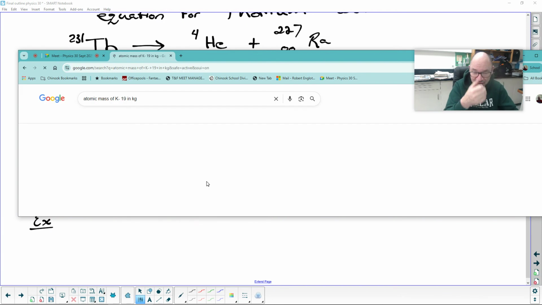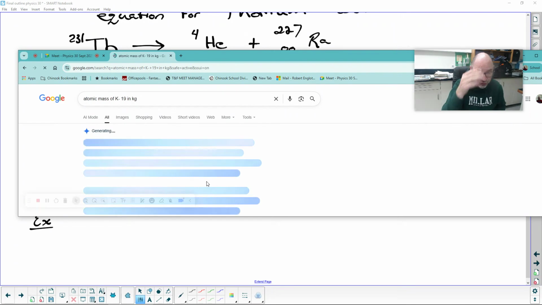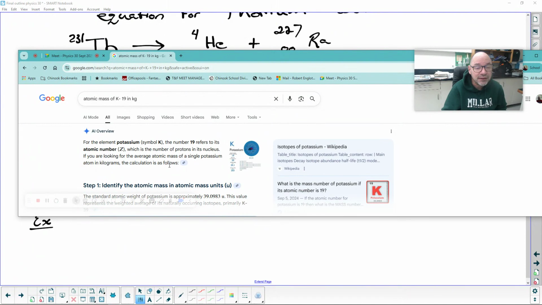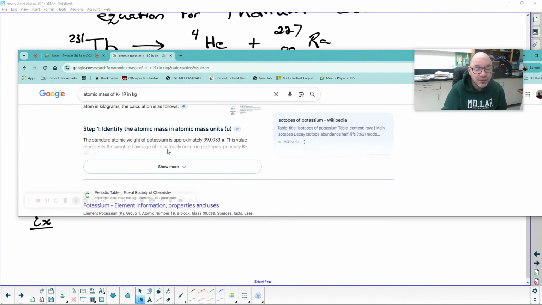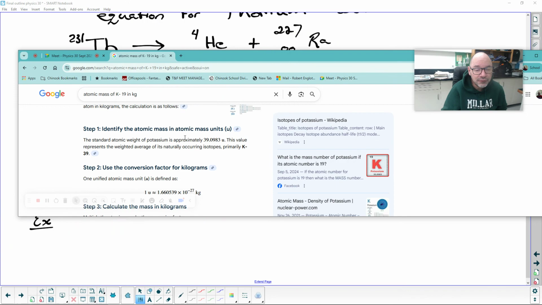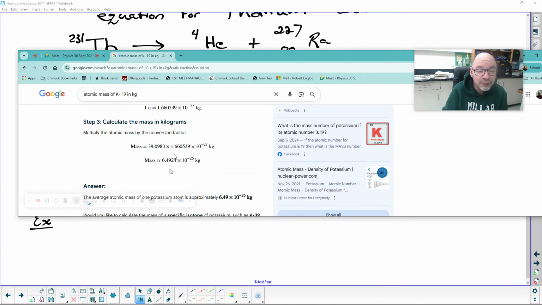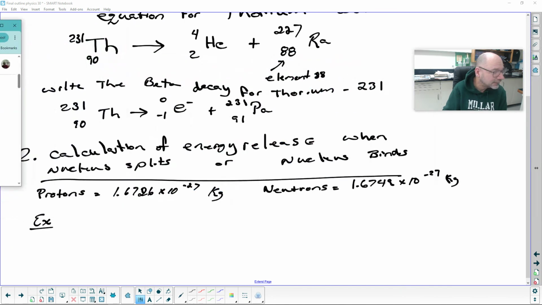So potassium 19 is a nuclear particle, so its mass is, let's see here. Oh, there. Right. The mass equals 6.4924 times 10 to the 26. Right there. Okay, so let's stick that in.